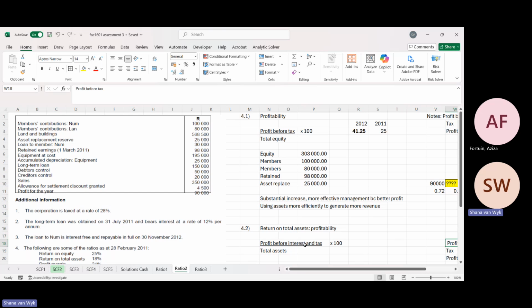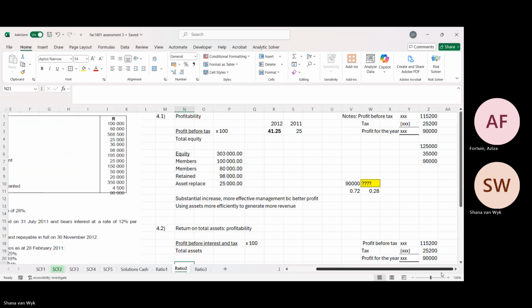Before interest, what interest? Before interest rate. Okay. Meaning that interest alone will be there.